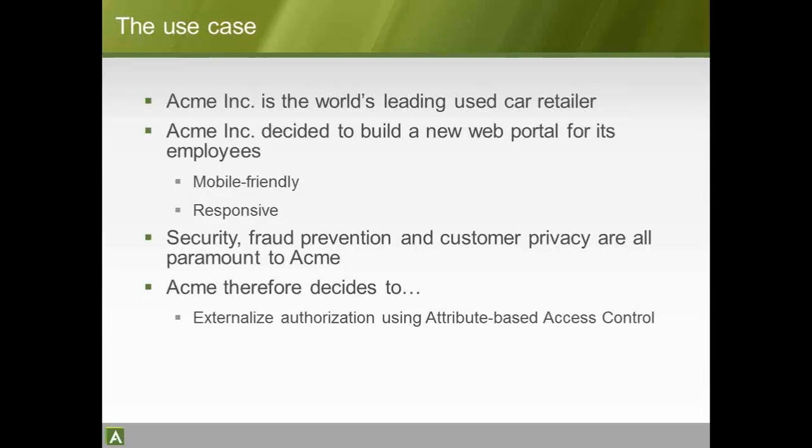It'll be responsive to different business changes that typically take place in a very dynamic work environment. Some of the issues that they're looking to provide for include security, fraud prevention, as well as customer privacy. So what they've decided to do is to externalize the authorization using the ABAC model.